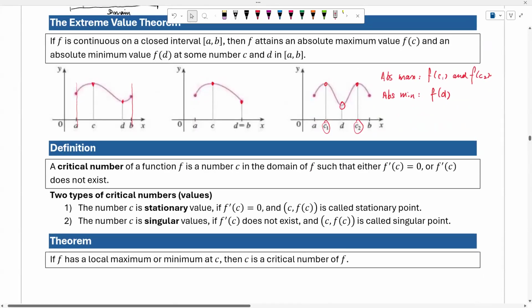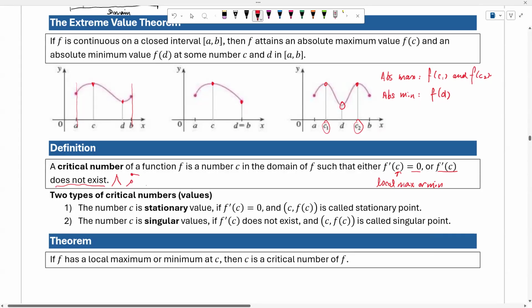Remember, when f'(c) = 0, this c is related to a local maximum or minimum. And when f'(c) does not exist, we either have a sharp corner, or we may have a gap or a jump.